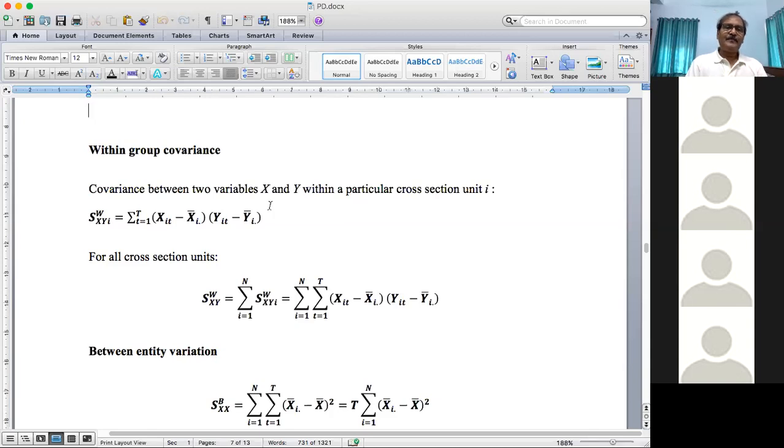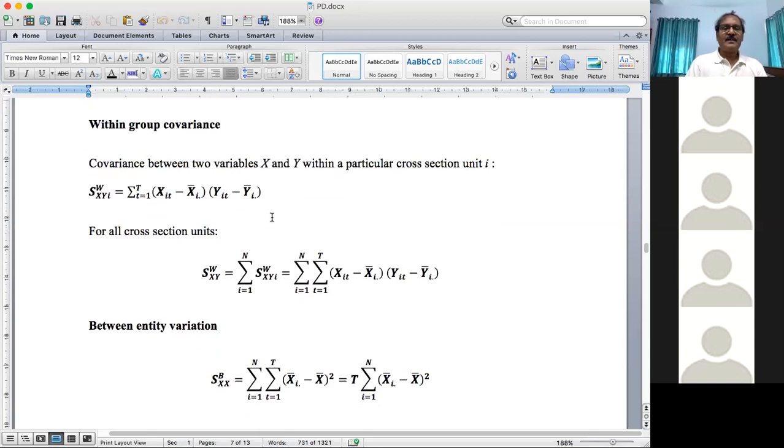For the covariance for a particular cross-section unit i, we need the deviation of x from x bar i. Similarly, the deviation of y from y bar i, and you have to take the sum of this cross product over time. This sum over time also relates to a particular column in your sample, because a particular column provides you a particular cross-section unit.